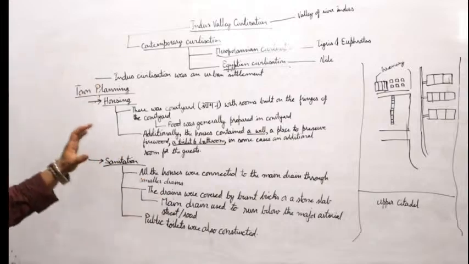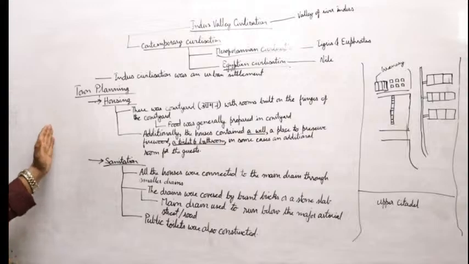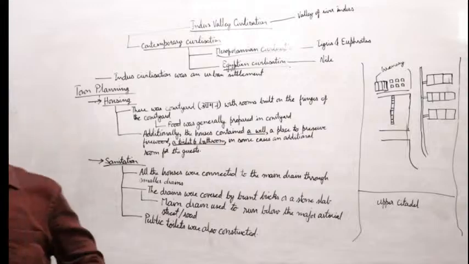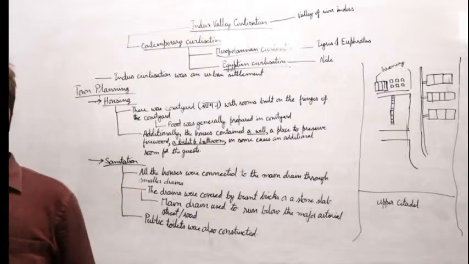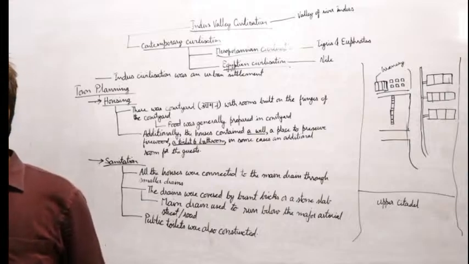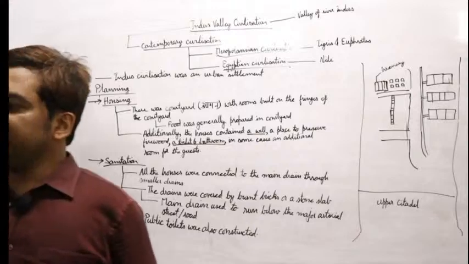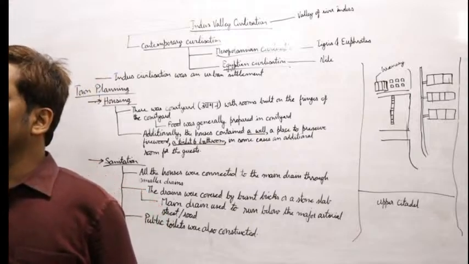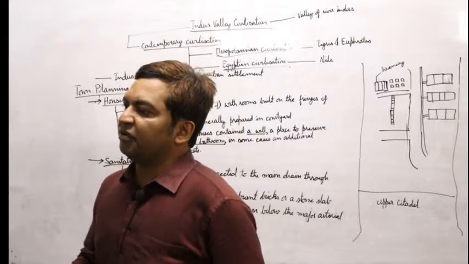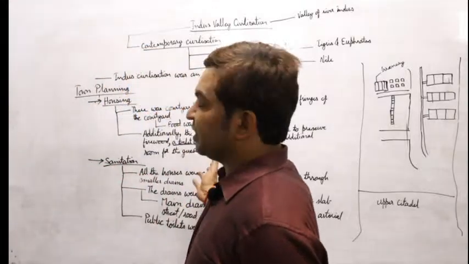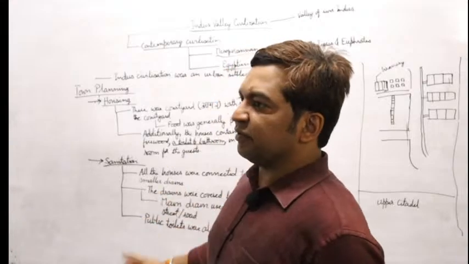We have finished 2 or 3 important aspects of town planning, and I have already stated how I will be dealing with Indus Valley civilization. Okay, so we'll be covering the remaining portions in the next few classes.